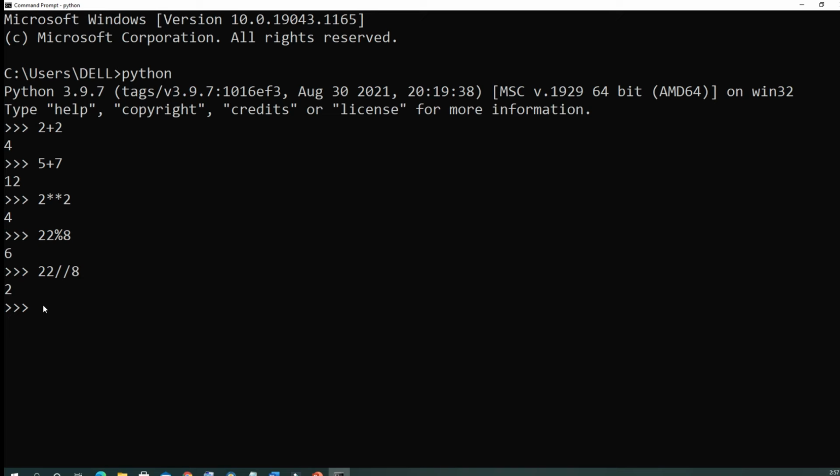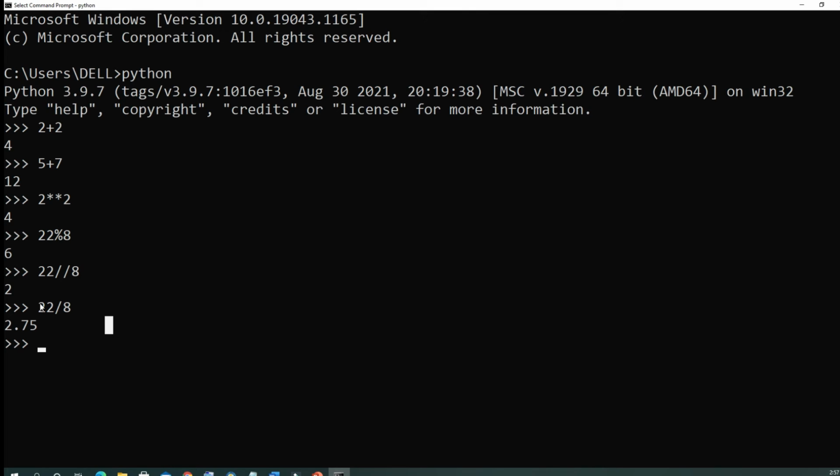Now let's talk about the main division. Let me put in an example, the same 22 divided by 8, which is 2.75. If you look at these two, the first one, 22 divided by 8, being the integer division operator, gave us 2.